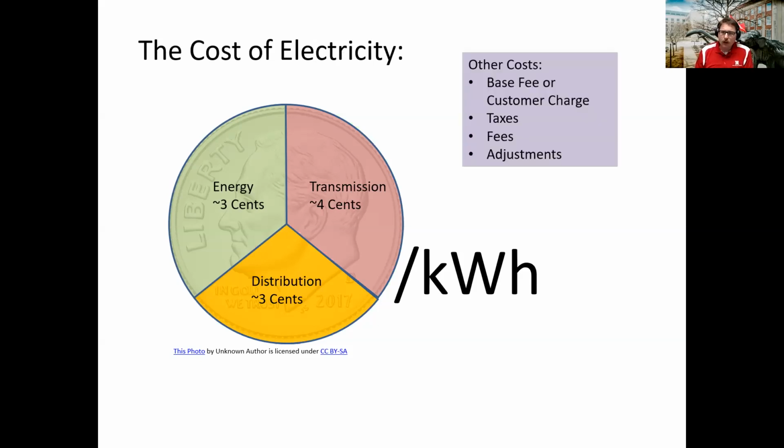Now, there are other costs involved in your electric bill, and you're going to see these. You're going to have a base fee or a customer charge. There'll be some taxes, fees, maybe adjustments, depending on what your bill looks like. Now, the reality is when you're paying for all of these things in your kilowatt hour, if I generate that from solar, that solar is generating energy.